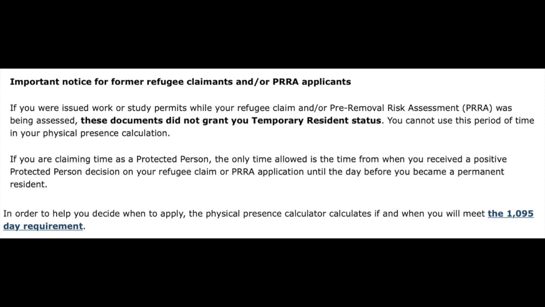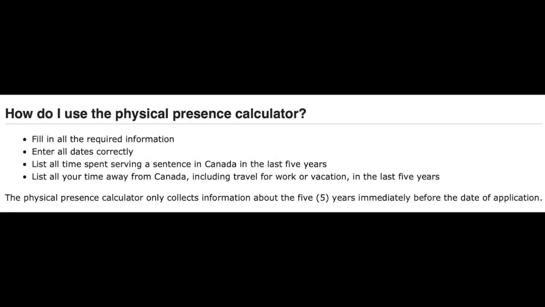If you are claiming time as a protected person, the only time allowed is the time from when you received a positive protected person decision on your refugee claim or PRRA application until the day before you became a permanent resident. In order to help you decide when to apply, the physical presence calculator calculates if and when you will meet the 1,095-day requirement.